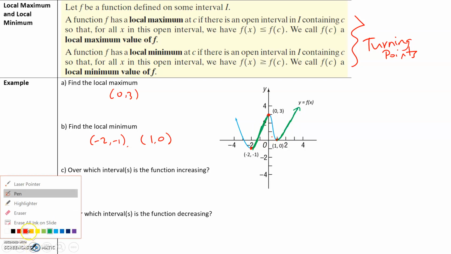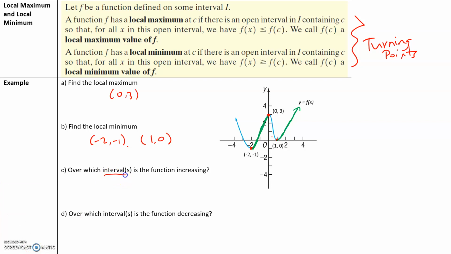But when we ask for an interval, this always refers to the x values. So we want to find over which x values the function is going up. That's between -2 and it goes up until it hits 0, and it stops there. So the function is increasing between -2 and 0.